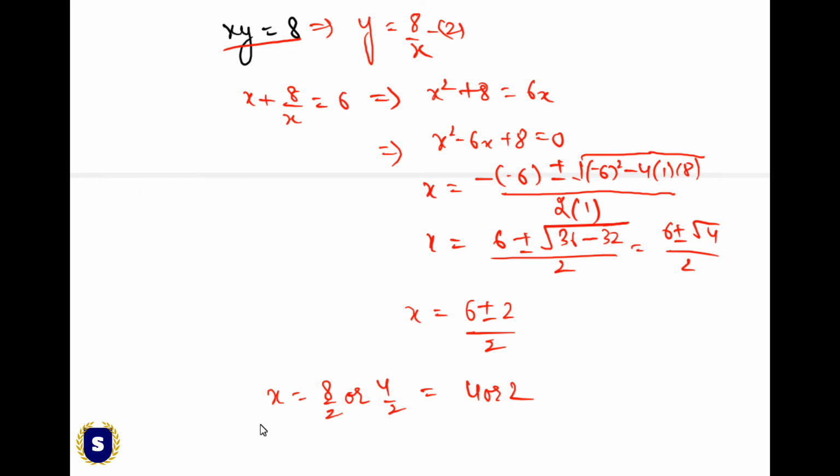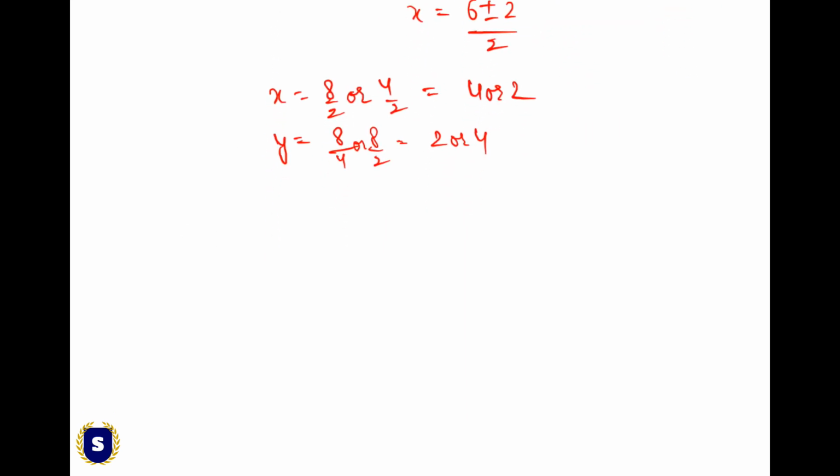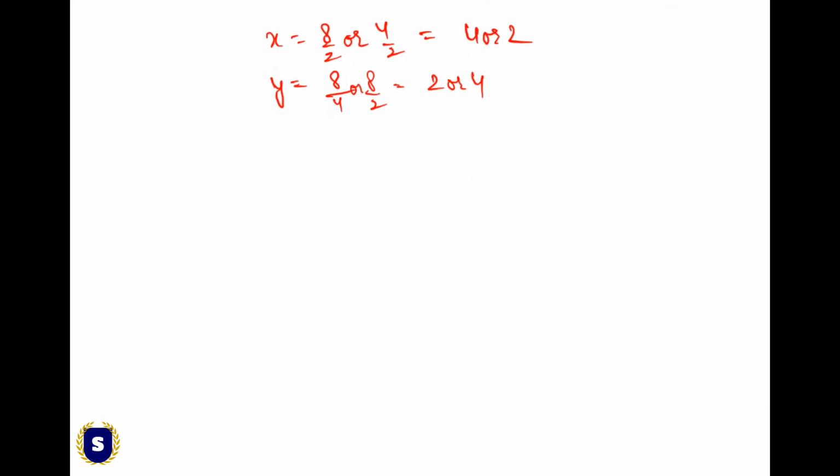So let's put this value in equation number 2. We'll get the value of y also, 8 upon 4 or 8 upon 2 is equal to 2 or 4. So the final answers we have got here are x is equal to 4, y is equal to 2 and z is equal to 0.